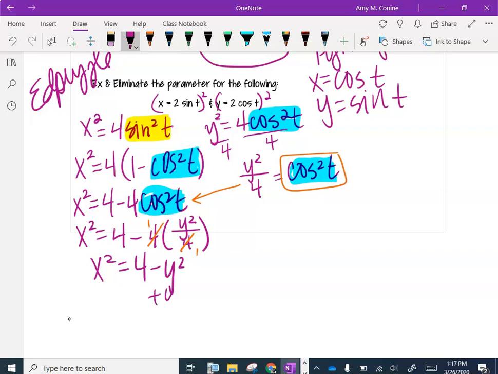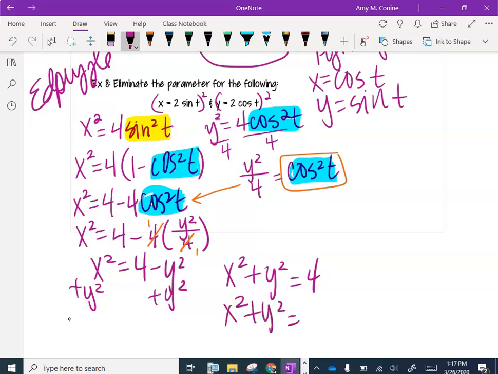I'm going to move my y squared over so they're on the same side like we did in 6.1, because then it looks like something we did in 6.1 where x squared plus y squared equals r squared. This is our new equation without the parameter, and it's similar to the equation that we found in 6.1.